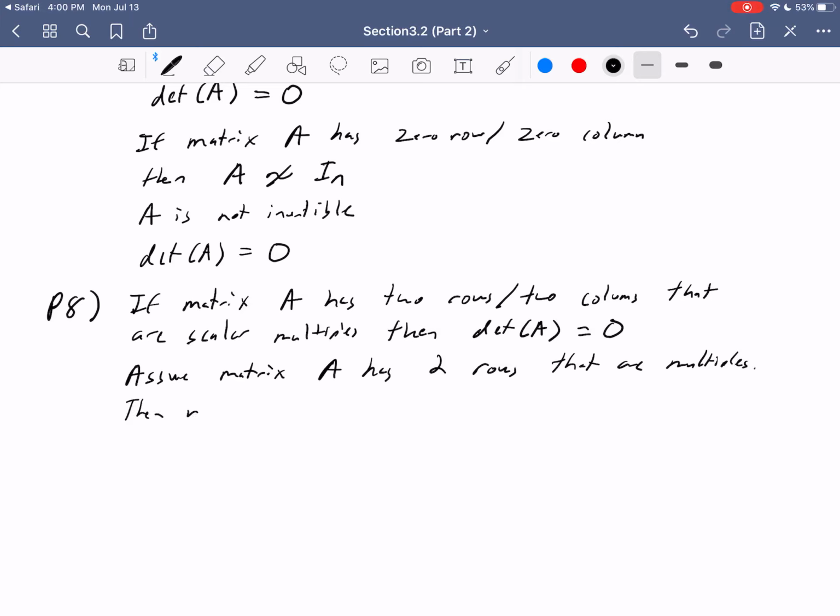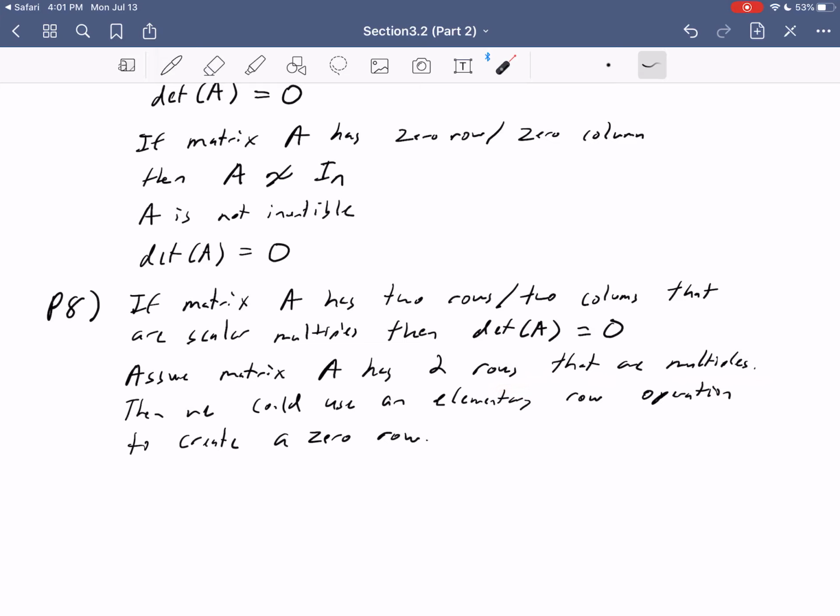Then we could use an elementary row operation to create a 0 row, right? If you have two rows that are multiples of one another, then you could use an elementary row operation to create a 0 row. So that automatically means that your determinant is going to be equal to 0. So the determinant of A must be equal to 0.